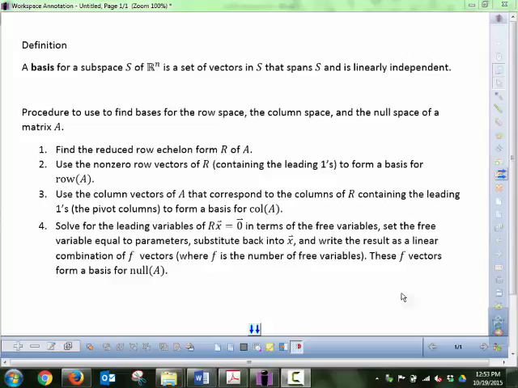But in terms of subspaces, we found important subspaces that come directly from the matrix. So we have the row space, the column space, and the null space, which are all subspaces of R something, depending on the size of your matrix. But these are all obtained from a matrix.